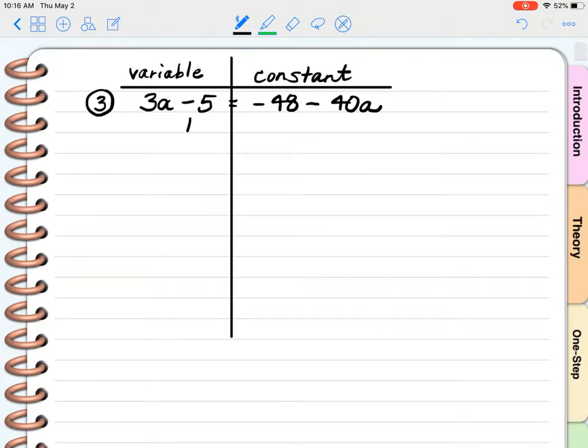And I'm going to go ahead and move that 5. And then I'll move the 40a.